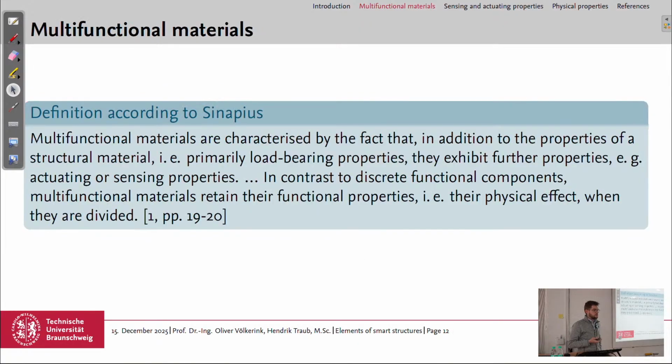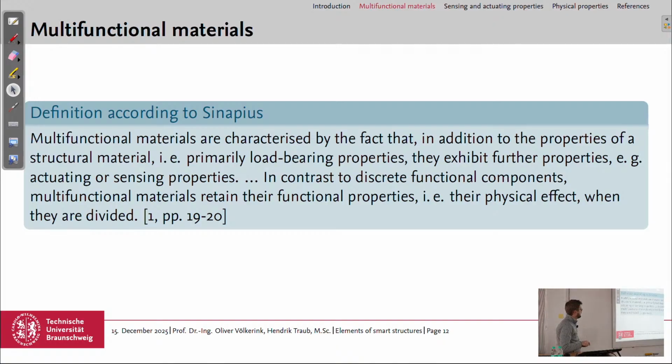What are then multifunctional materials? Multifunctional materials are characterized by the fact that in addition to properties of a structural material, so primarily load-bearing properties, they have further properties, for example, actuating or sensing properties.